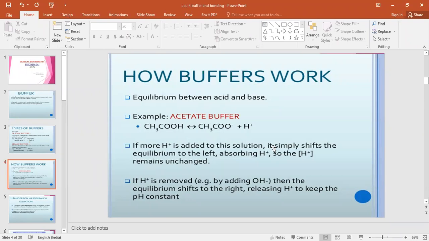This is actually an equilibrium between the acid and base. For example, the acetate buffer.